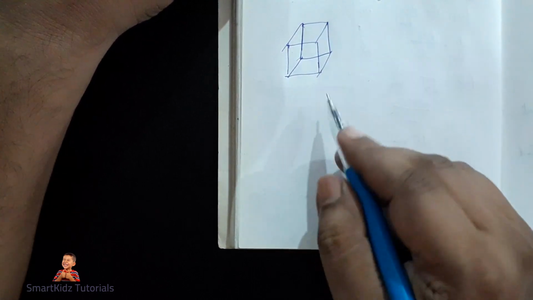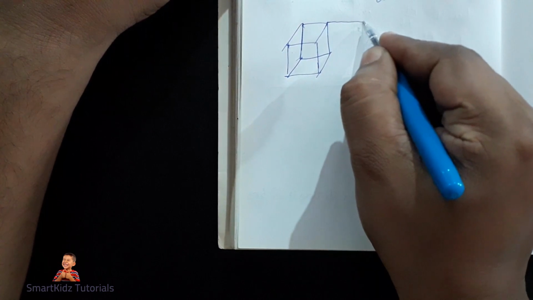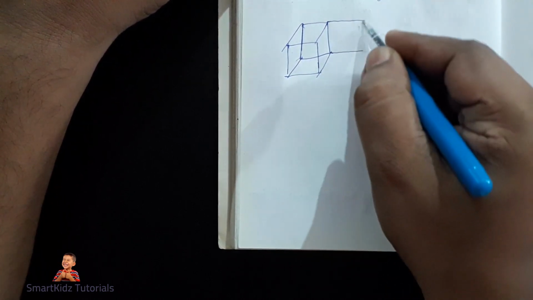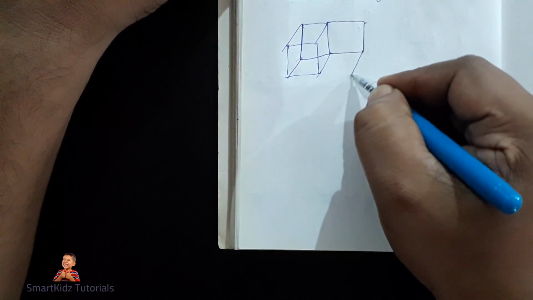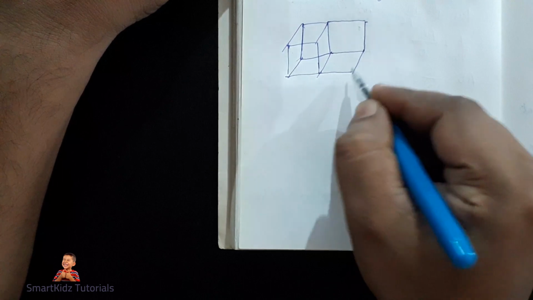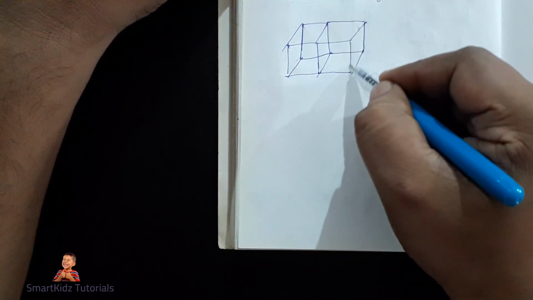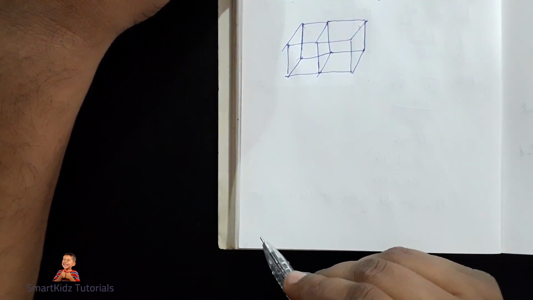That's one cube. Now if we join this to another cube, it will be an extension like this. Can you see? That's an extension that is there.